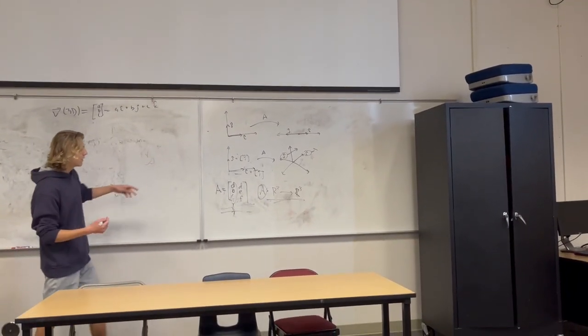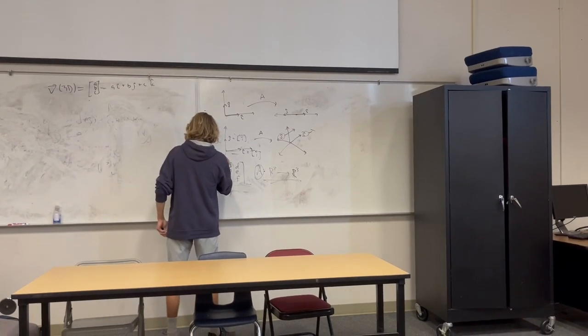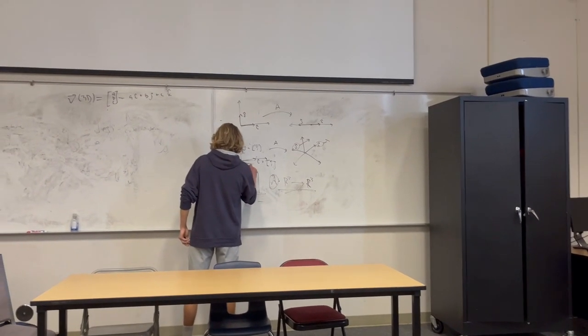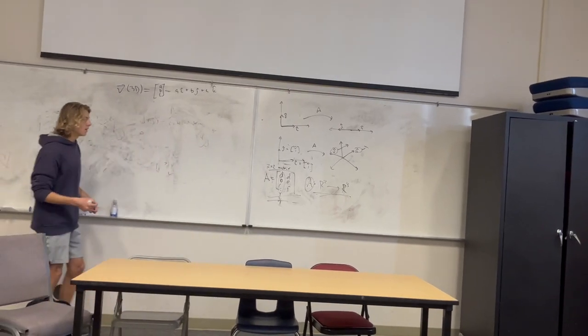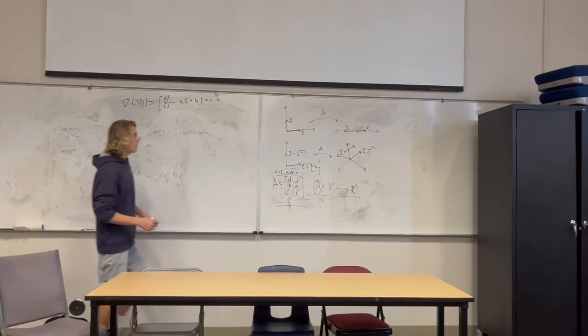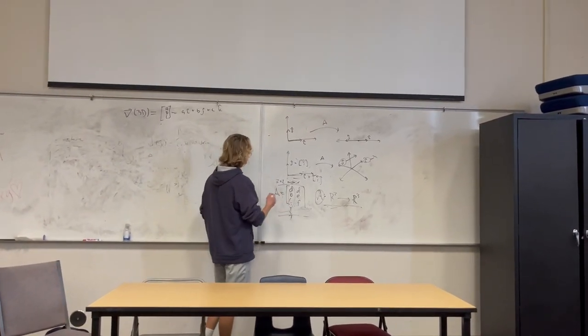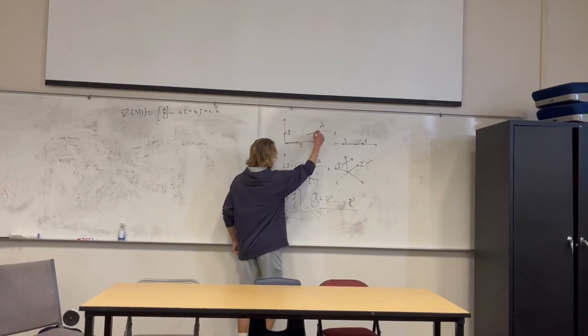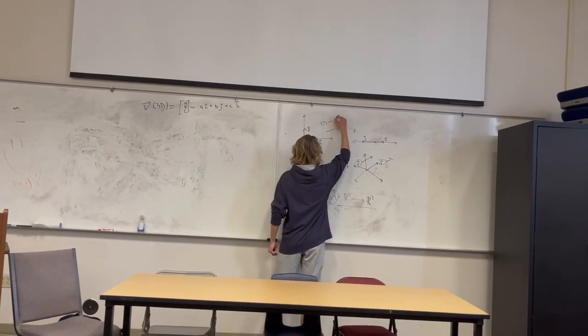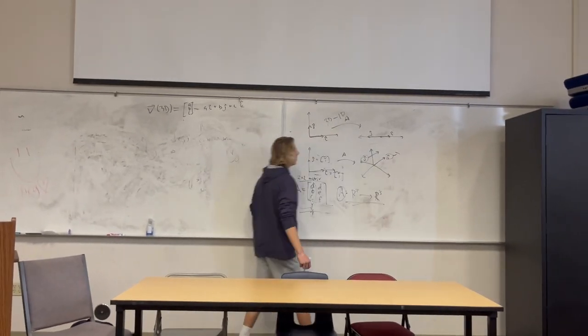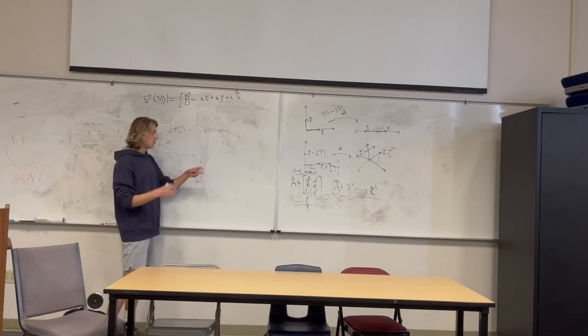So this is a 3x2 matrix, and a 3x2 matrix represents a transformation from 2D to 3D. If you wanted to represent a transformation from, let's say, 2D to one dimension, which is just our line, this would look a little bit different.